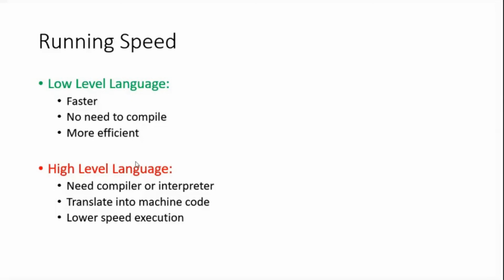But the high level language needs a compiler or an interpreter to convert it into machine language. It has to be translated into machine code, so it has a lower speed of execution. This lower speed comes because it has to be translated into machine code.